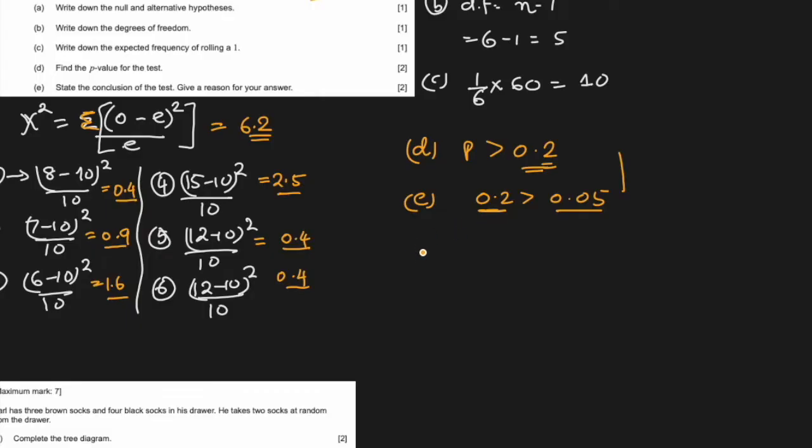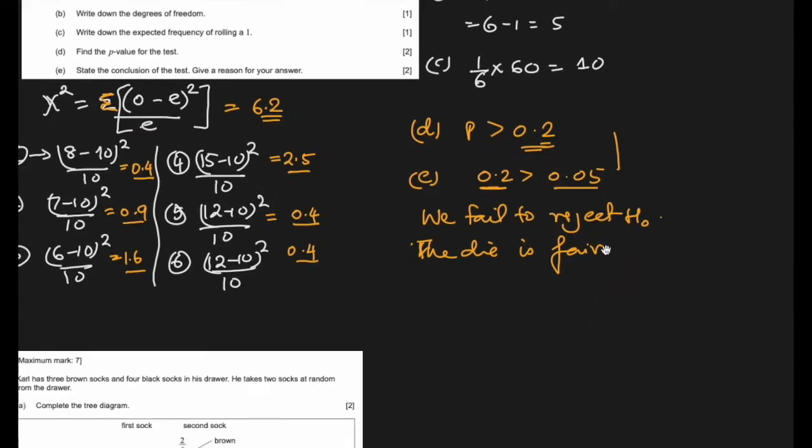The evidence is not enough to reject the null hypothesis, so we fail to reject the null hypothesis. That means the die is fair.